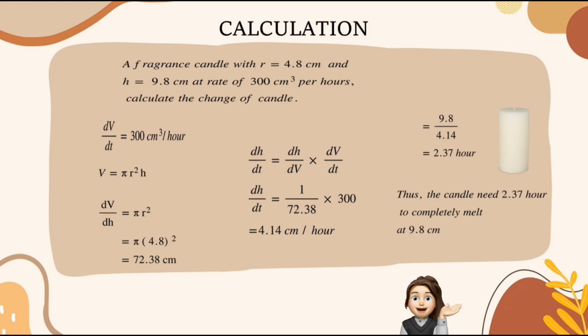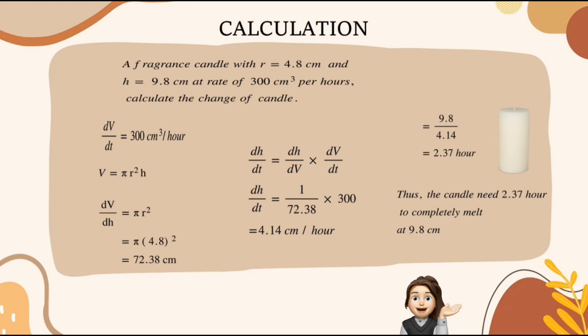First, we find that dV over dt is given, which is 300 per hour. Then, we also can find dV over dh by differentiating V in terms of h. Then, we get the answer pi r squared. After that, substitute r, which is 4.8, into the equation and we get the answer 72.38 for dV over dh.